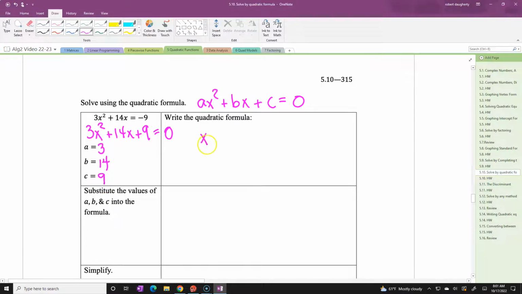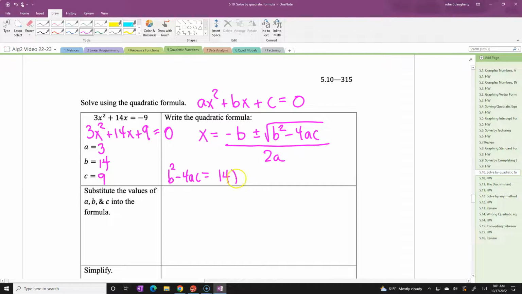Quadratic formula, x is equal to negative b plus or minus the square root of b squared minus 4ac, all of that over 2a. b squared minus 4ac is equal to 14 squared minus 4 times 3 times 9.